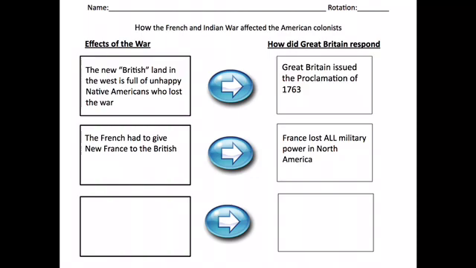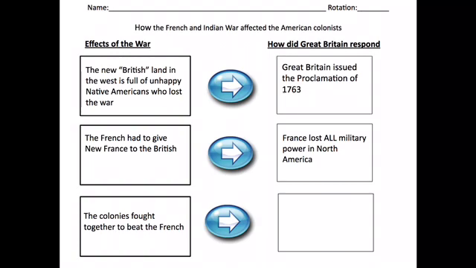And finally, the effects of the war. The colonies fought together to beat the French. Before this, most of the colonies didn't give a whole lot of hoot about the other colonies. They saw themselves as kind of independent from each other, like Virginia just dealt with Virginia, same thing with the Carolinas.